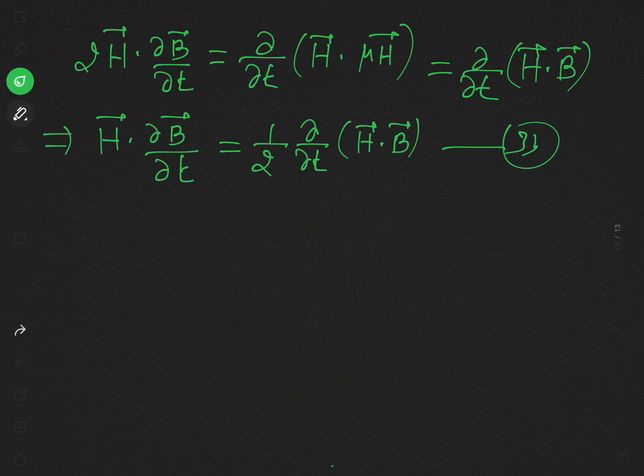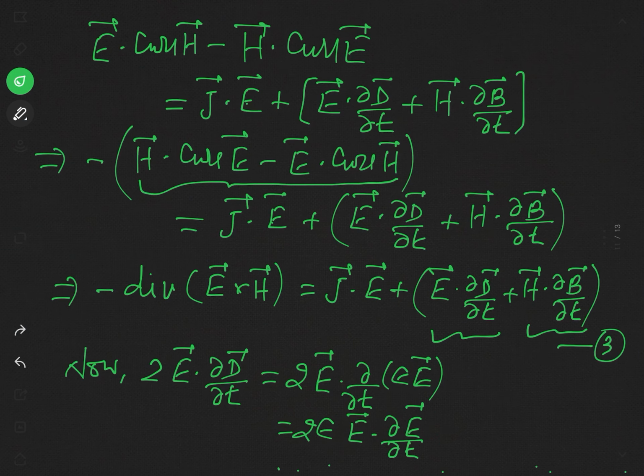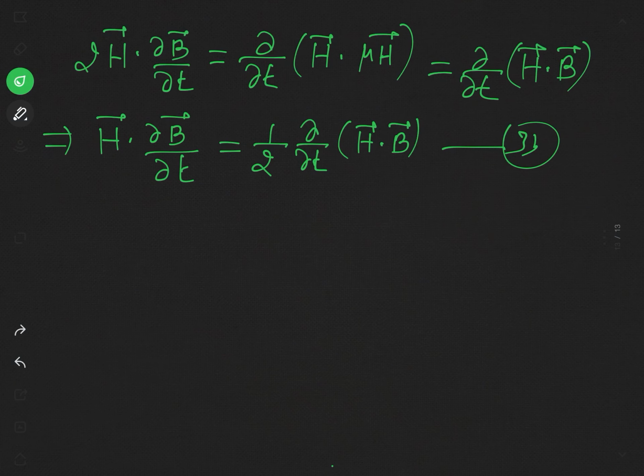Now we have just evaluated these two quantities, E dot del D by del T and H dot del B by del T. Now let us substitute these two values in the equation, that equation is equation 3. We will substitute for E dot del D by del T and H dot del B by del T, which we have just evaluated, in this equation 3. And when we substitute it in this equation, what will be our result?